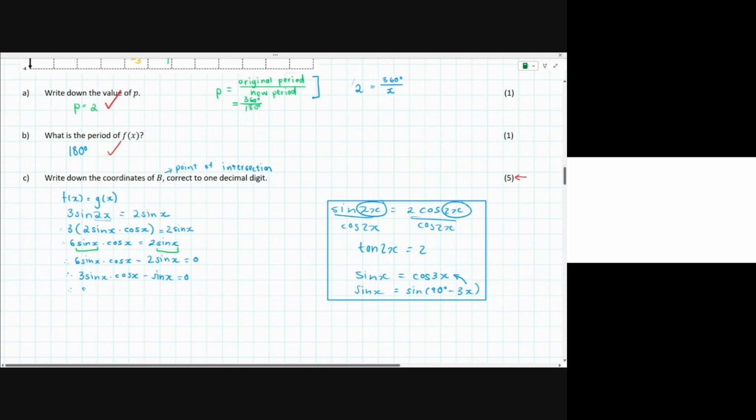Now I'm going to factorize by taking out sine x as my common factor, leaving me with 3 cos x minus 1. And this is now a quadratic equation. We know how to solve quadratic equations. We take each of these factors, so the sine x equals 0, or the 3 cos x minus 1 equals 0. And now we can solve these equations.